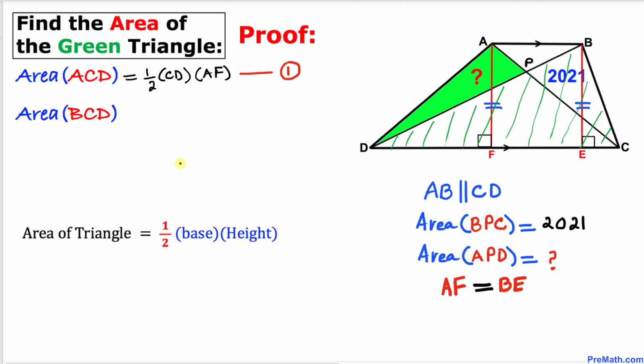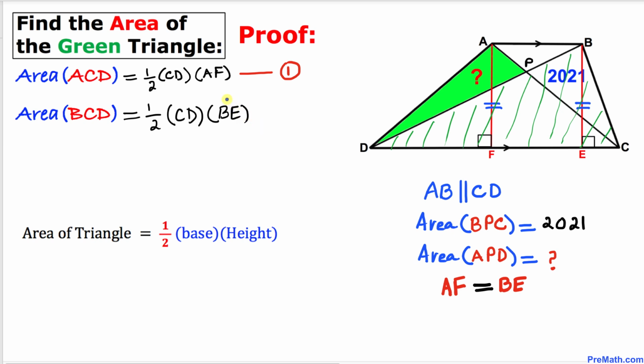Now let's calculate the area of the other triangle BCD, which I have just shaded. The area is a half times base, once again the same CD, times height BE.